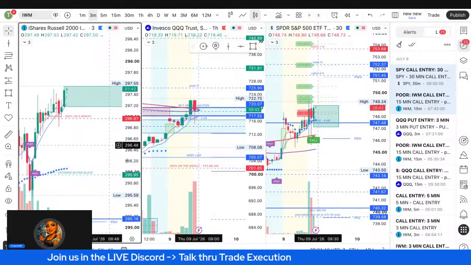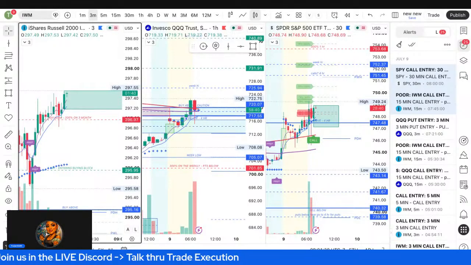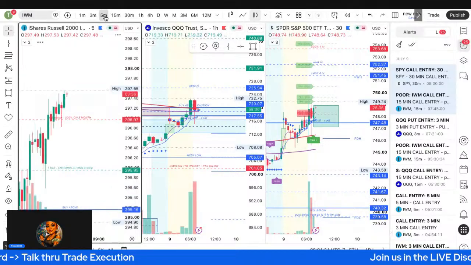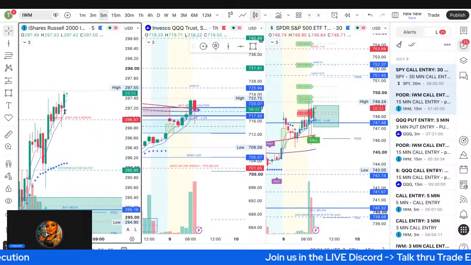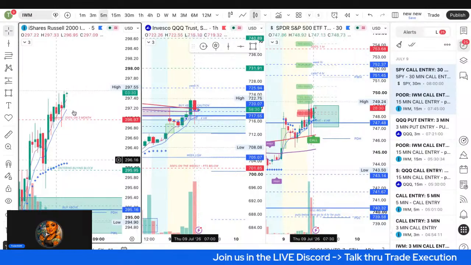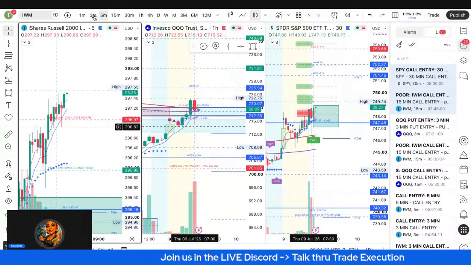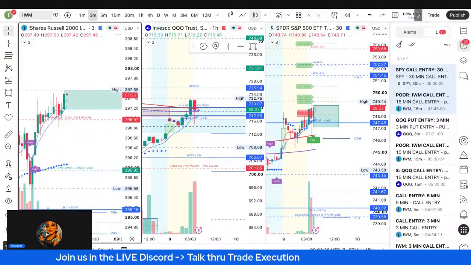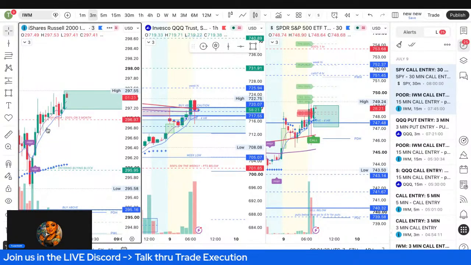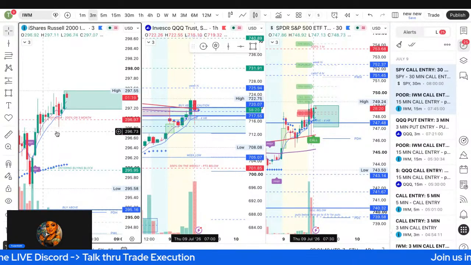Lower time frames here, we're wanting some more upside. Didn't quite get the confirmation that I was thinking we would get, but we're continuing to stay above the 8 here, above the 8 on the 5 minute, and staying above the 8. There was a pullback.